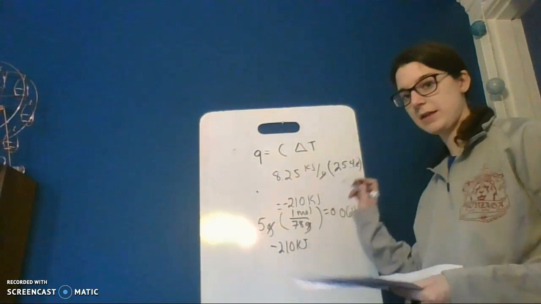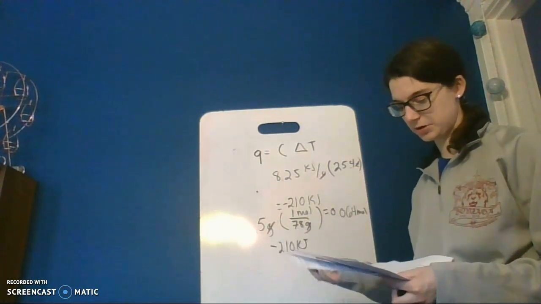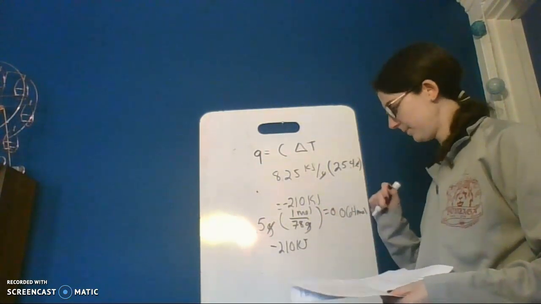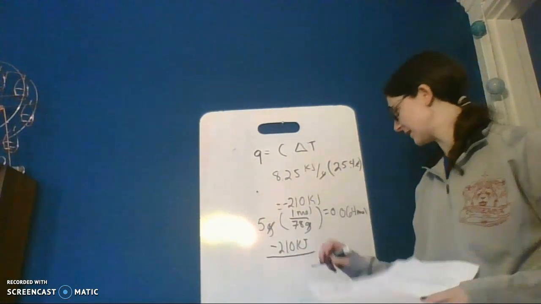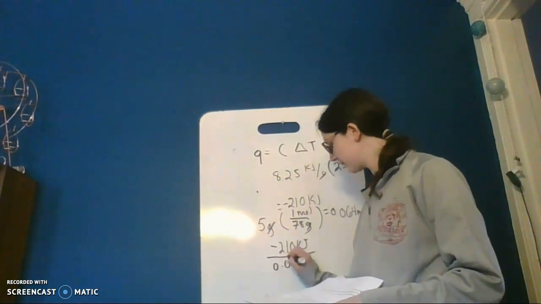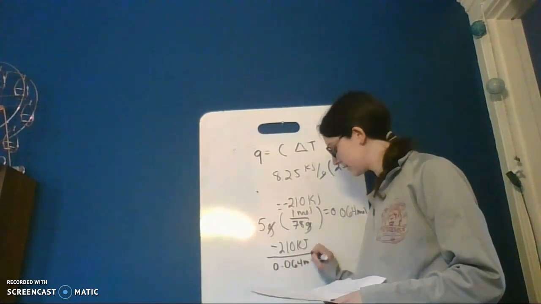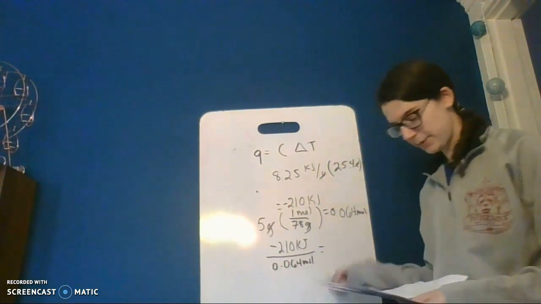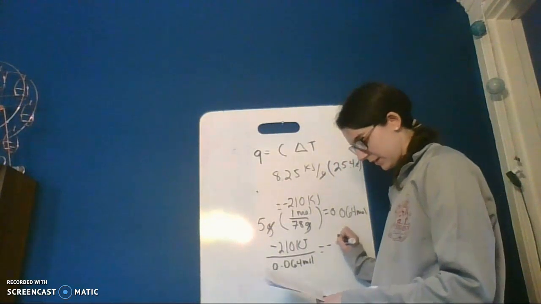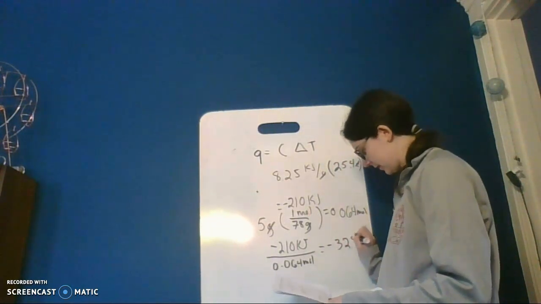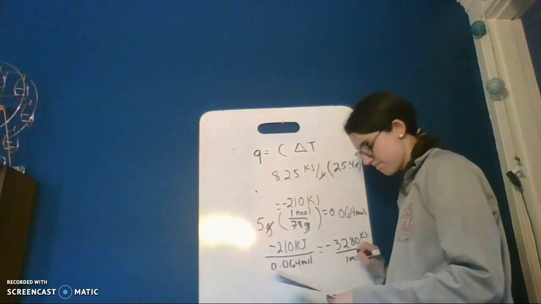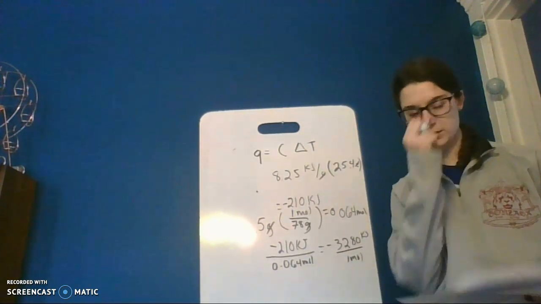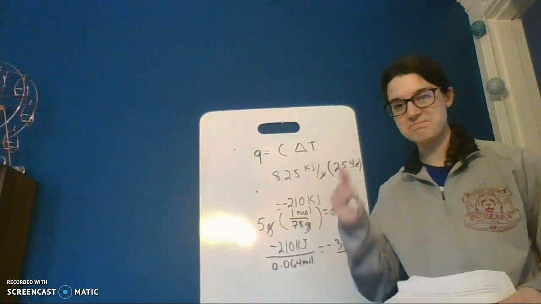And then remember that the enthalpy change of the reaction is in kilojoules per mole. So we're going to divide by the number of moles of benzene that we reacted, which is 0.064 moles. If you plug that into your calculator, you would get negative 3,280 kilojoules per mole. That is our answer for number 15.